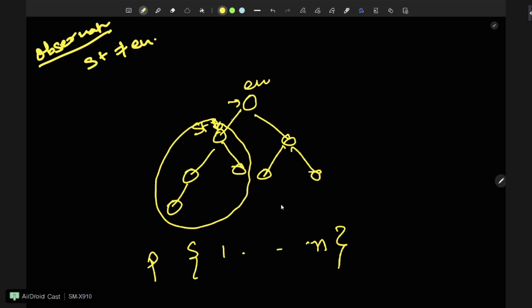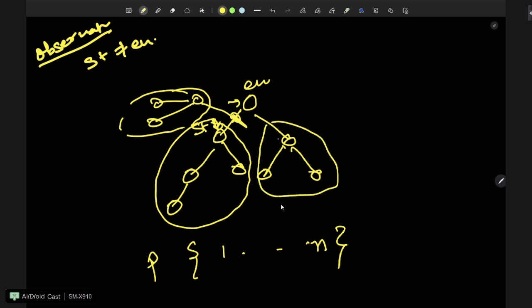Then if there is a node here, like one subtree like this, we would traverse this level by level and finally this node, so that it will be moving in the direction of en, and also at last it will be at this level, so that at the end you will get to en level.